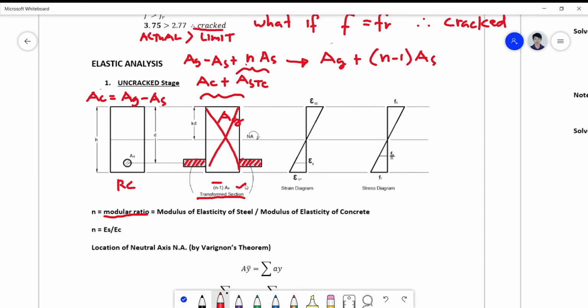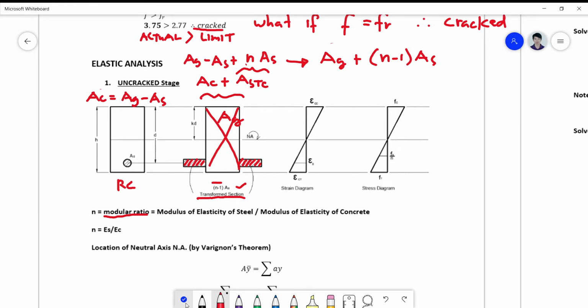Okay, so since we are still on the elastic side, remember what I told you. The strain diagram is still following the strain compatibility assumption, and also the stress diagram is still on the linear behavior, linear elastic behavior.